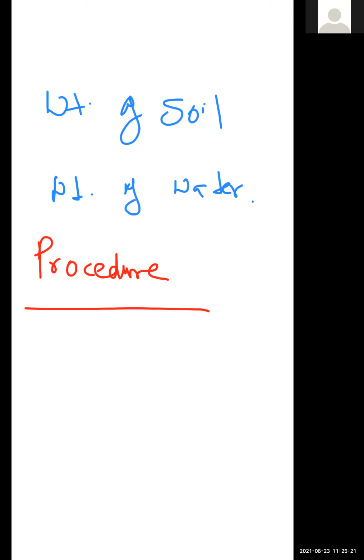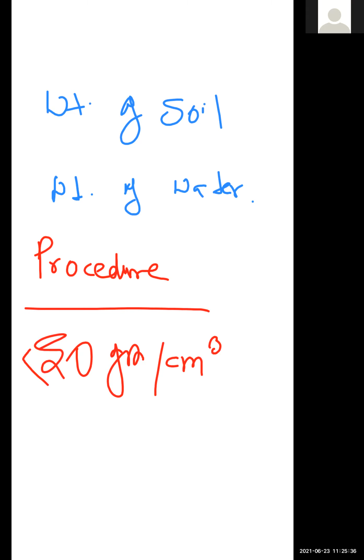It should not be less than 50 gram per centimeter cube for ordinary soil, and for very soft soil, it should not be less than 25 gram per centimeter cube.